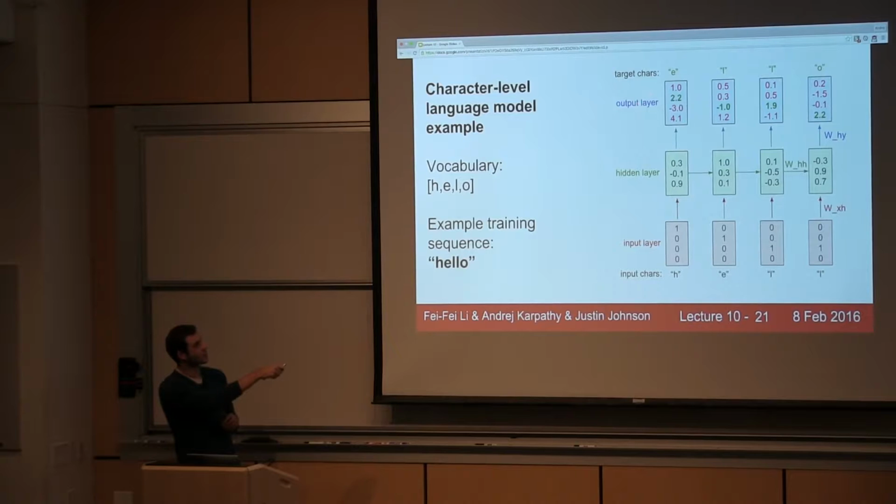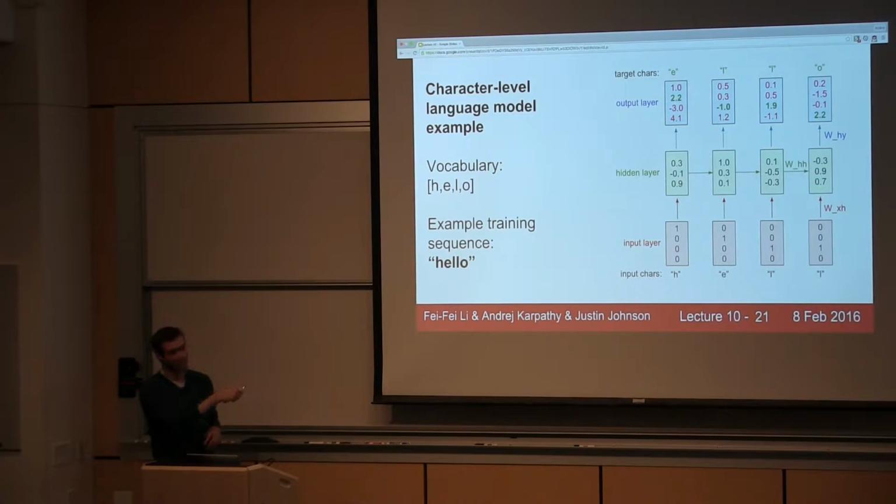It thinks that h is 1.0 likely to come next, e is 2.2 likely, L is -3 likely, and O is 4.1 likely right now, in terms of unnormalized log probabilities. Of course, we know that in this training sequence, E should follow H. So in fact, this 2.2, which I'm showing in green, is the correct answer in this case.